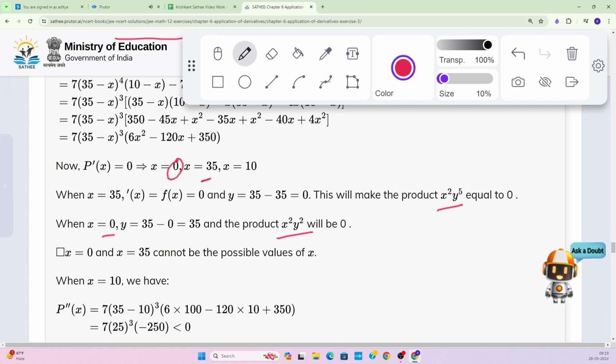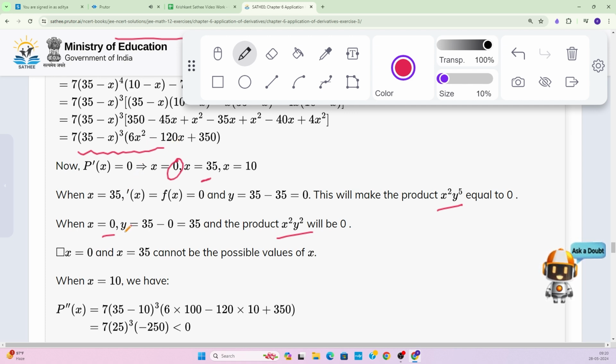Also, we already saw from here, if you put x equals 0, you will get this as positive. This means a minimum. Okay, at 35 this test fails. Clear? If you remember, if f double prime gives you 0, then the test fails. Second derivative test fails.